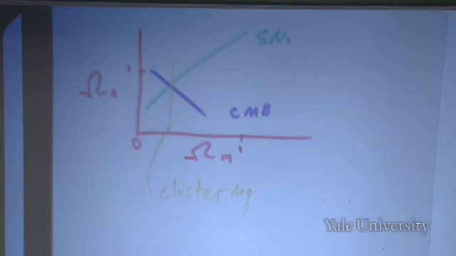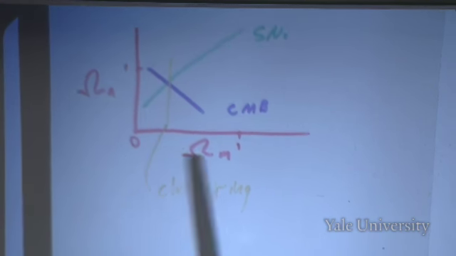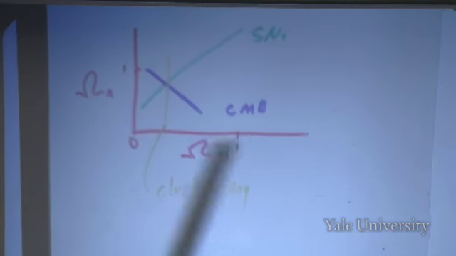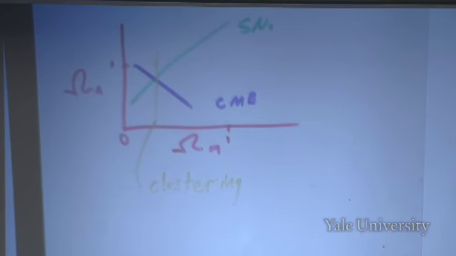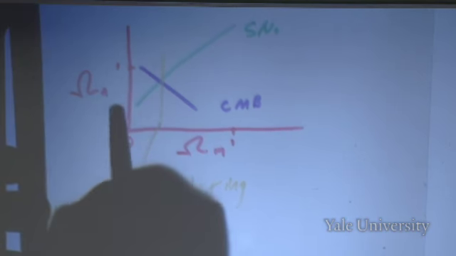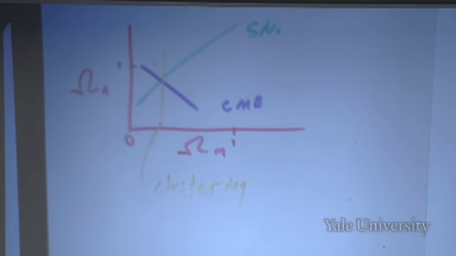But there's another way of looking at this plot, which is to look at what these axes are. What are we actually plotting on this plot? This omega that shows up is the ratio of the density of something to the critical density of the universe. So this axis is effectively the density of the dark matter. And this axis here is the density of the dark energy.